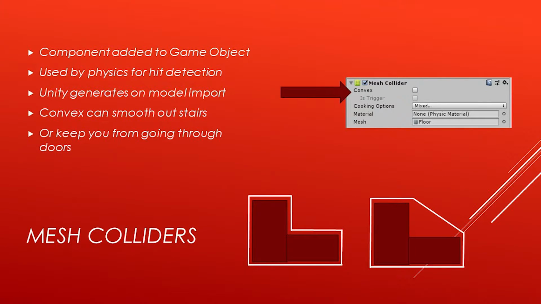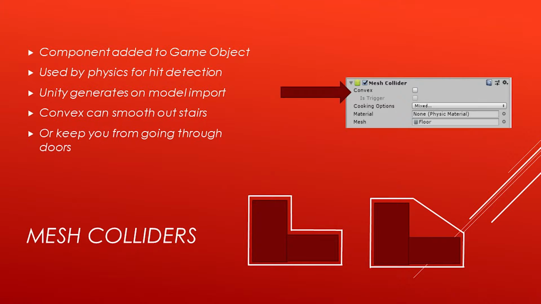On the subject of mesh colliders, I get a lot of questions about how to control where I walk and going up slopes and stuff, and how do you do that? If I have an object and I want to be able to sort of glide over it or stand on it, it has to have a collider attached to it.